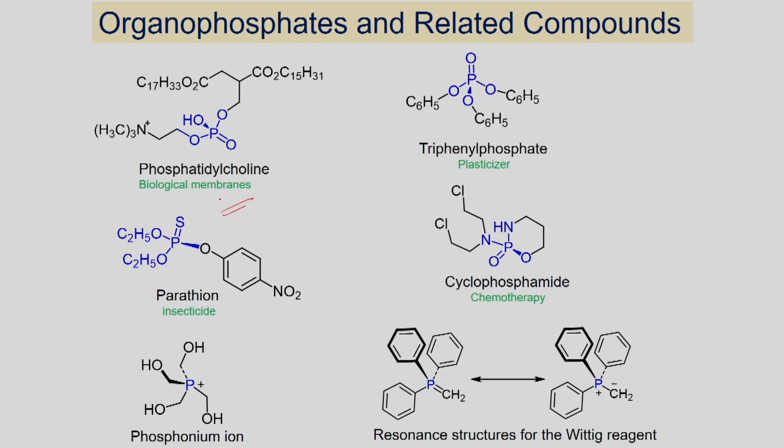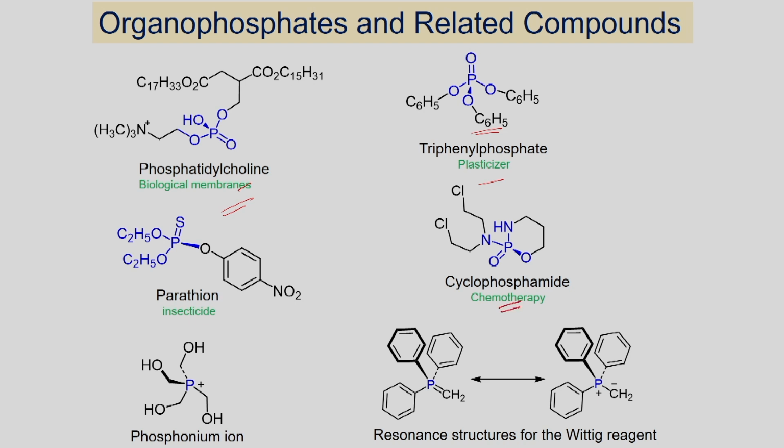You can see here this compound we use in biological membranes, and this one, triphenyl phosphate, we use as a plasticizer, and this compound is known as parathion. You have the phosphorus-sulfur bond here as we have seen earlier, and this also we use as an insecticide in the agriculture field.